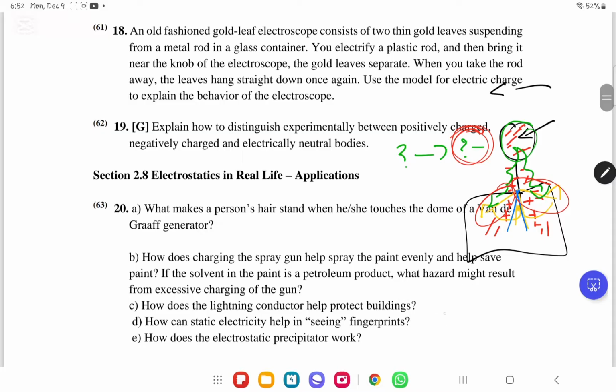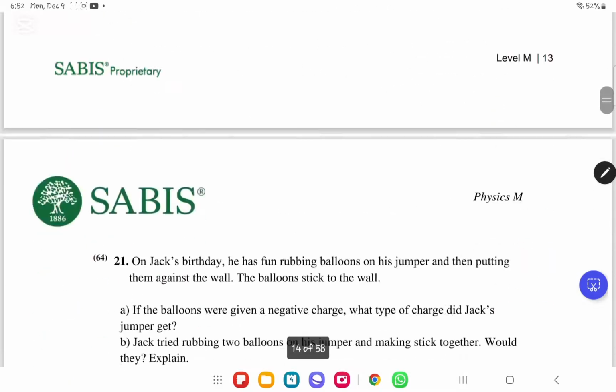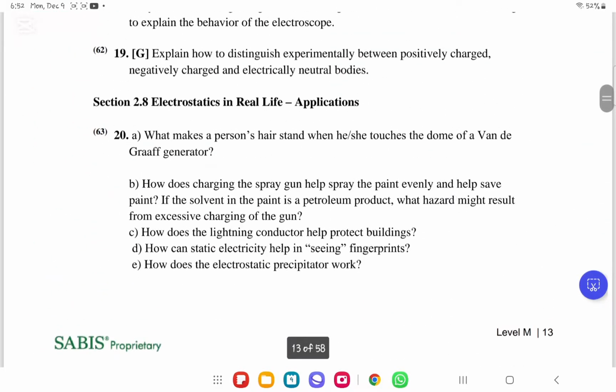Now if it was positively charged, the leaves are already diverged, so more electrons are gonna go up and the leaves are gonna diverge more. So that's pretty much it for question number 19. We don't have a lot.